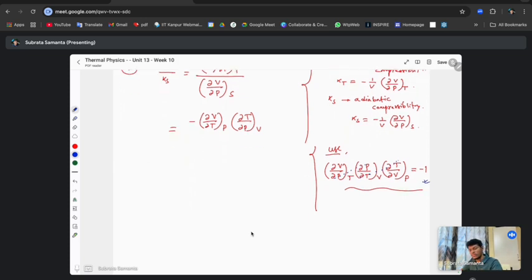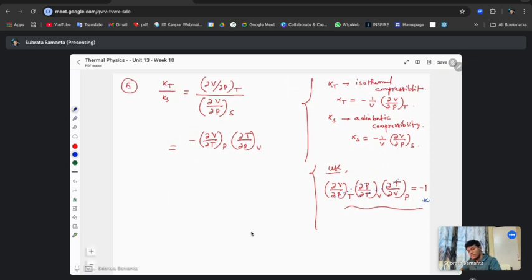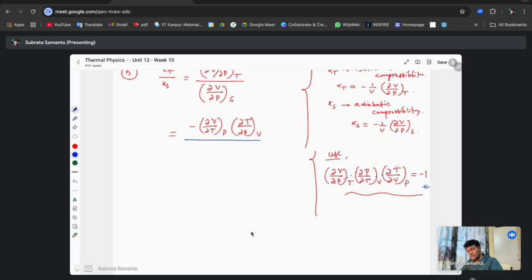So this is basically the reverse: one of these equals minus 1 over this, and we just change it. The other one, del P del T at constant V, equals 1 over del T del P at constant V. Same constant, so I can invert this.